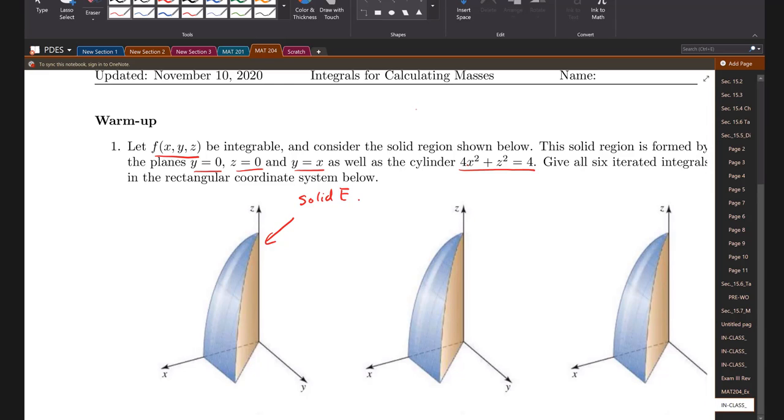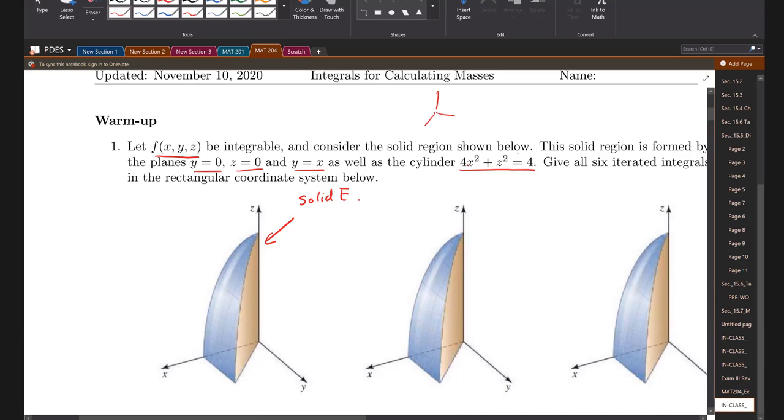So again, we imagine this cylinder. If we were to give more of a sketch of this cylinder, here's the xz plane. In the xz plane, we have an ellipse, and it extends outwards. And so along any slice of a plane like y equals a, it's always going to look like an ellipse.